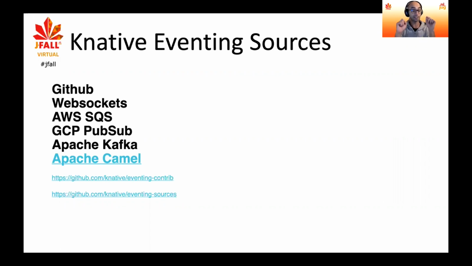But notice that since there is an integration with Apache Kafka, it means that you can send a message to your topic, and then automatically Knative will take the event from this topic and send it to a Knative service, to your serverless workloads, which means that if you start receiving a lot of events, the system is going to be scaled up automatically. And if you stop receiving events, then the system is going to be scaled down to 0.